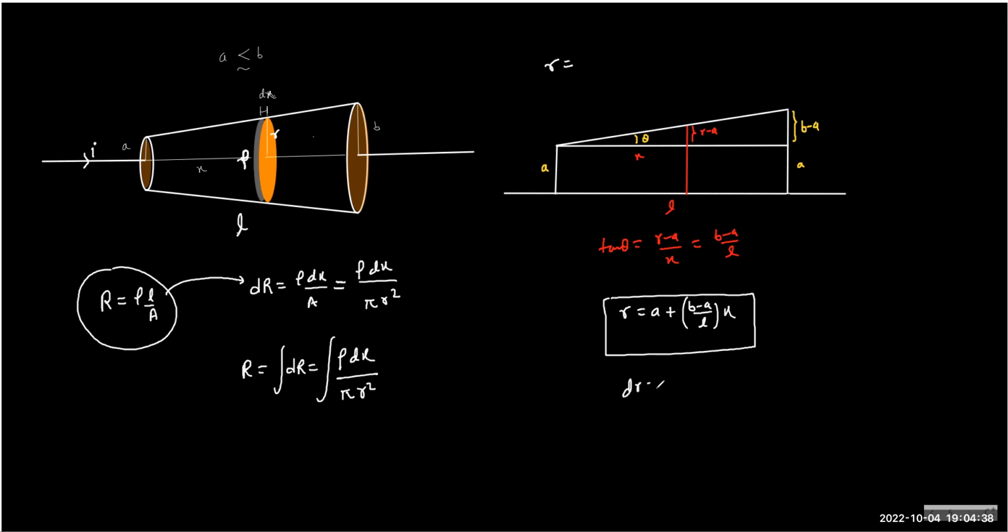Or if you differentiate this equation itself, you get dr equals to... There are two choices. Either you substitute r and solve, which I will not prefer, or replace the dx, which is easy.